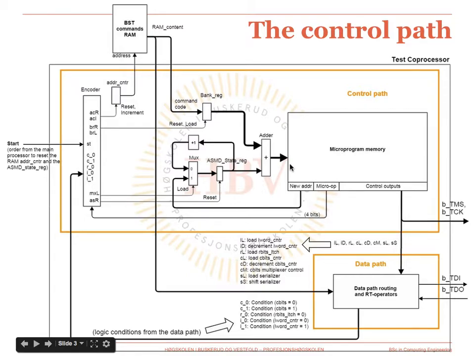And of course for each ASMD state, that is to say for each microprogram memory position, the control outputs field in the microprogram memory defines what is to take place in the regular sequential circuits comprised in the data path.